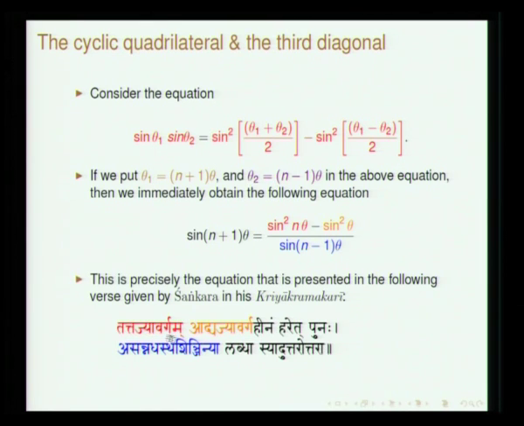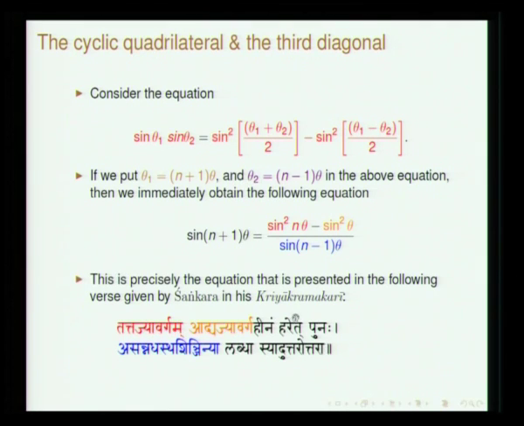See, tattajya vargam. So, tattajya refers to some sine of n theta. So, tattajya, that particular jya, varga is square. So, tattajya vargam adyajya varga heenam. So, heenam is removed. So, tattajya vargam adyajya varga heenam haret. Haret means may you divide. Divide by what? So there is a mistake here. Asanna adhastha shinjinya.